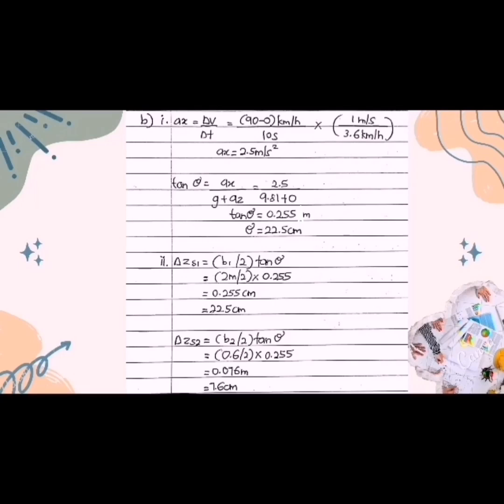Ax equals velocity over time, which is 90 minus 0 in bracket kilometer per hour over 10 seconds times in bracket 1 meter per second over 3.6 kilometer per hour, equals 2.5 meters per second square. Tangent theta equals Ax over gravity plus Az, which is 2.5 over 9.81 plus 0.